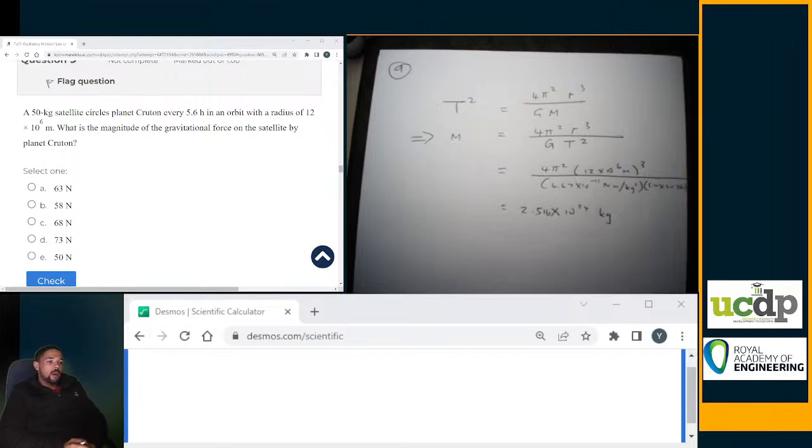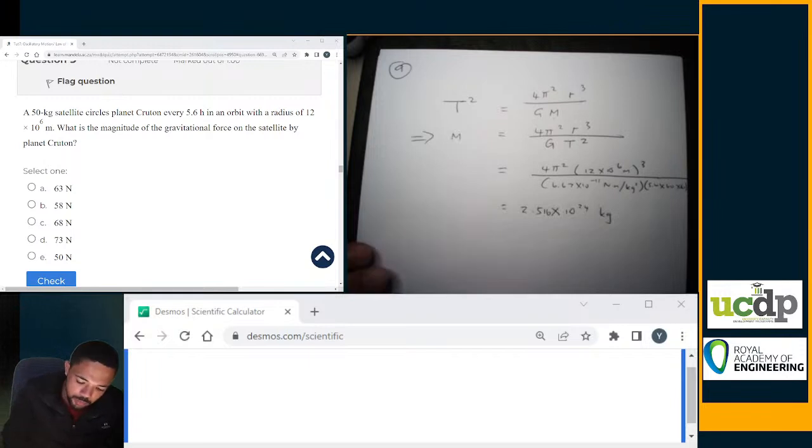We have already calculated the mass, because we needed it to calculate the force between planet Crouton and the satellite.